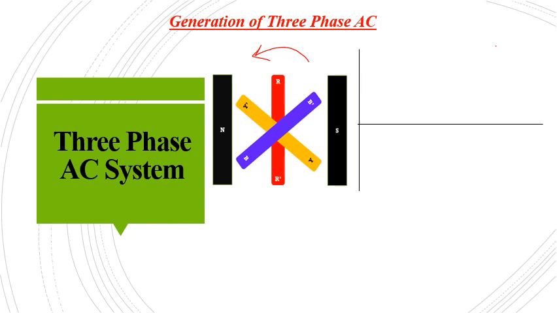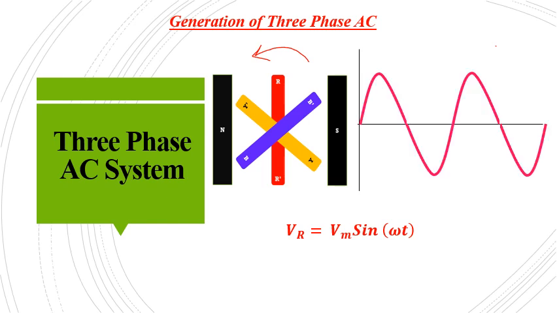So the voltage generated across the coil R, that can be denoted as VR, is equal to Vm sin omega t. And the waveform can be drawn as shown in the figure.